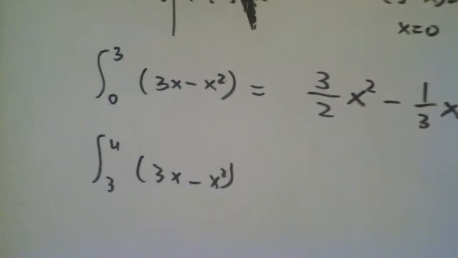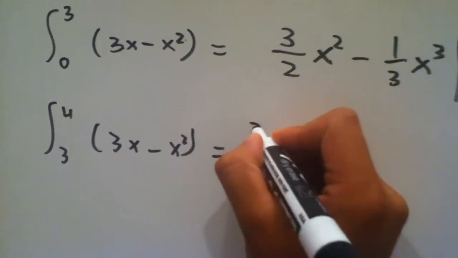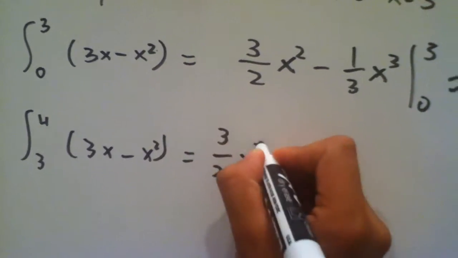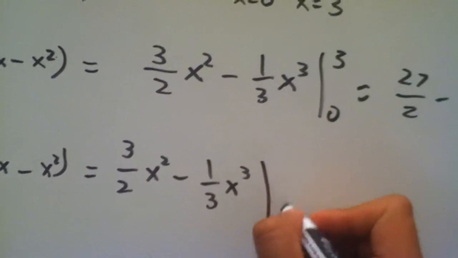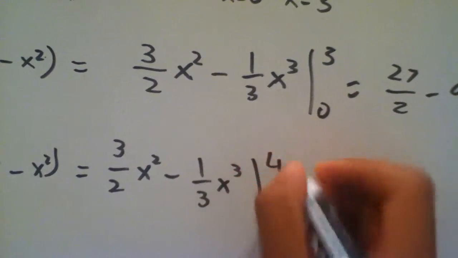And the next one, again, you do the same thing. Same antiderivative function, but this time we're going from 3 to 4.